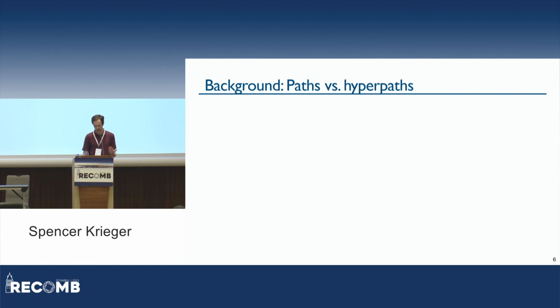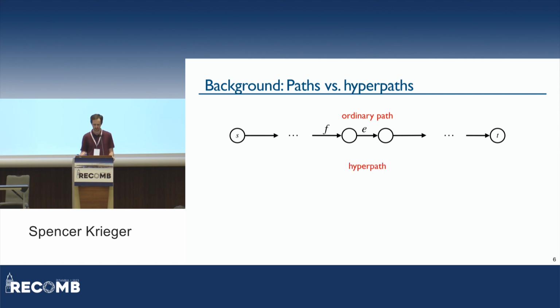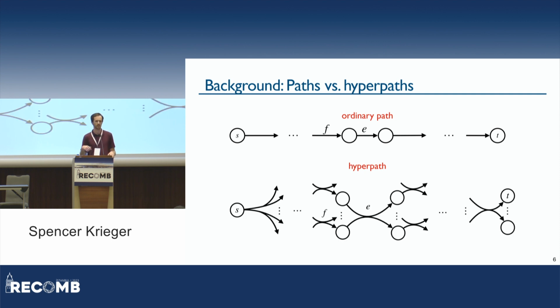We can also generalize this notion of a path. An ordinary path in a graph looks like this, where you have the source vertex, the sink vertex, and this sequence of edges reaching new vertices that connects S to T. For a hyperpath, you can have multiple hyperedges coming from the source, even if it's a shortest hyperpath.